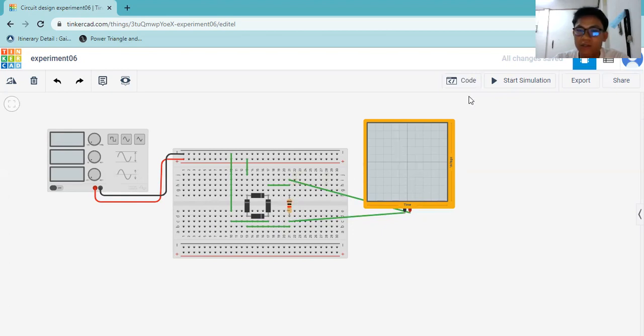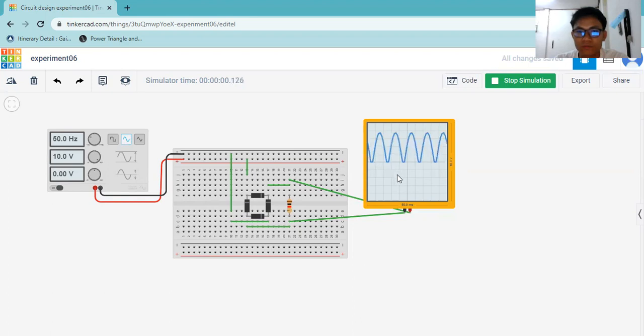So let's start the simulation. So yes, this is the result of this full wave rectifier circuit.